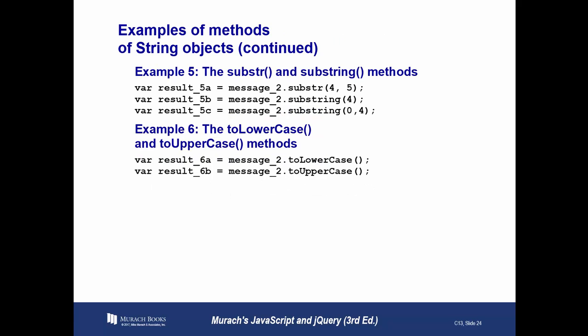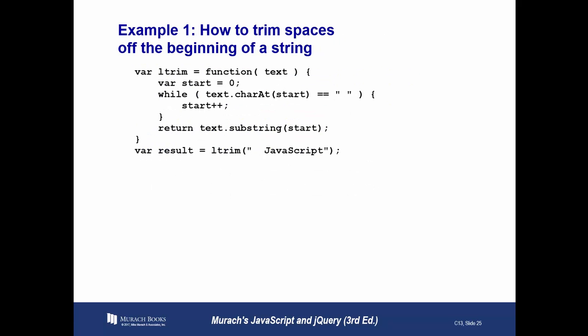Now you work with strings a lot. You end up working with strings a lot. Now they show here in this first example how you can trim the spaces off the beginning of a string by using a function that's named trim.